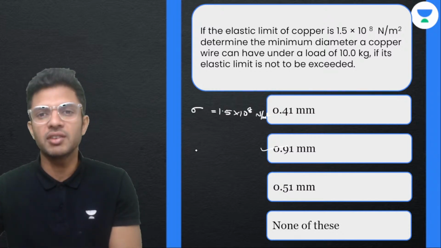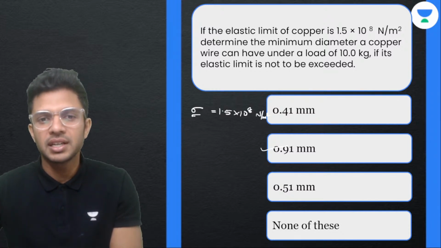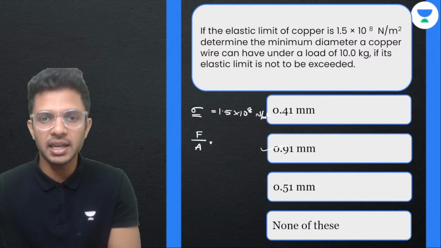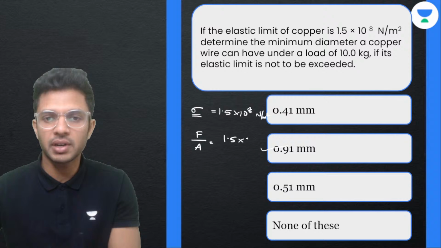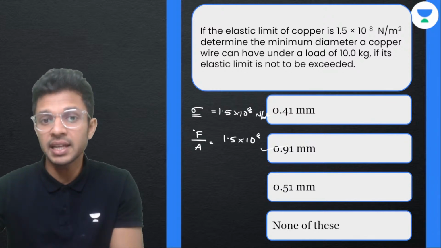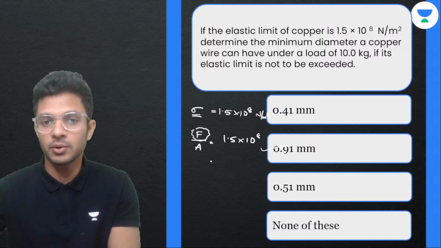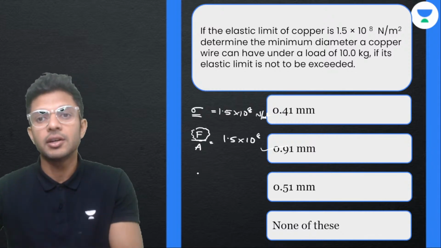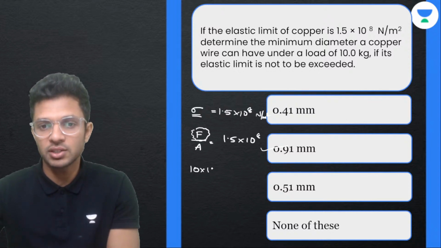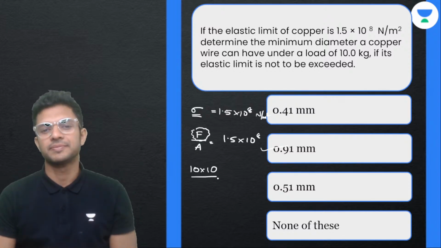Do you know how to deal with this problem? Simple. What is the formula for stress? Force divided by area, and that is given as 1.5 into 10 power 8. Now, the maximum force that can be given is equal to 10 kilogram. So obviously the force given by 10 kilogram will be its weight, that is m into g, let's call it 10 into 10.